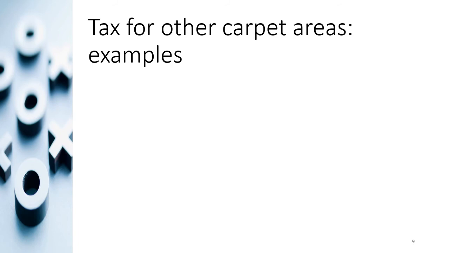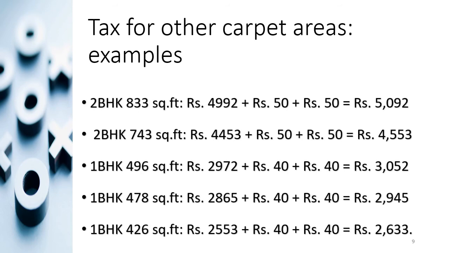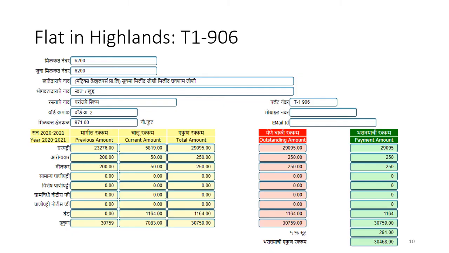I have not put up the chart for flats on floor P1. But you can use the same methodology and calculate and check your own bills. So for a 2 BHK 833 square feet, the total bill comes to 5,092. So I'll not take the time to read. You can just refer to this by pushing the pause button.